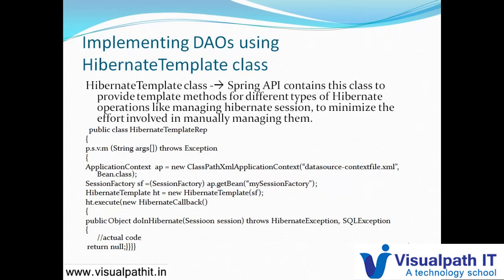Now let's see the code snippet below. Here we have created a class named Hibernate template rep. In this class, the Hibernate template class is instantiated. How is it being done? By passing the session factory instance within the constructor. Next we have the execute method, which is invoked, and an implementation of the Hibernate callback is passed.